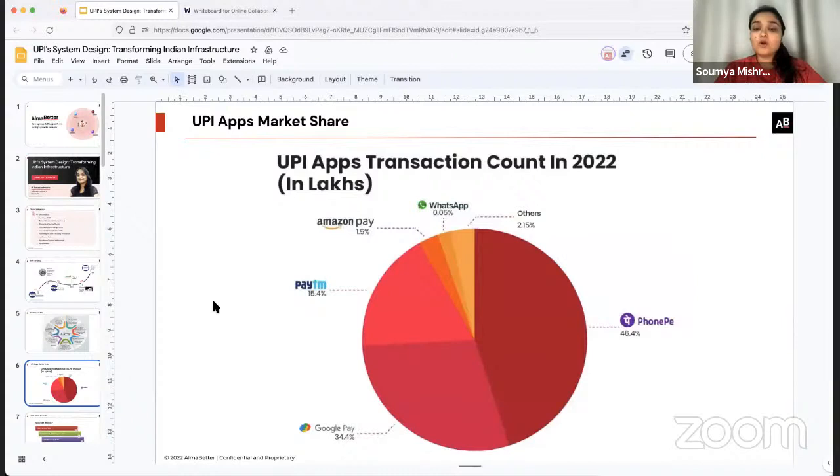According to this count, in 2022, around 46% of UPI transactions were done using PhonePe, 34% using Google Pay, 15% using Paytm, 1.5% using Amazon Pay, 0.05% using WhatsApp. And then there were others. The net banking apps also help you with UPI transfers.